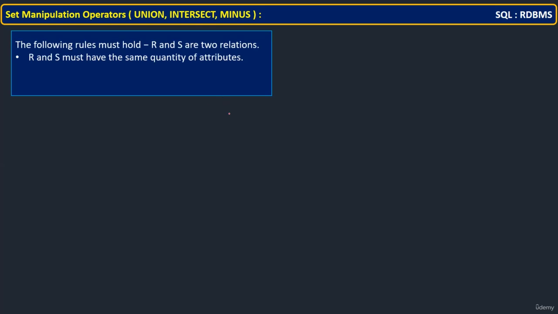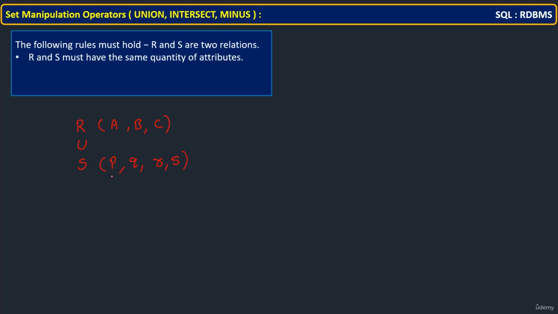What does it mean? For example, I am simply doing relation R union relation S. Relation R has attribute A, attribute B, attribute C, and relation S has, for example, P, Q, R, and S. When you are performing union, how many attributes do we have?